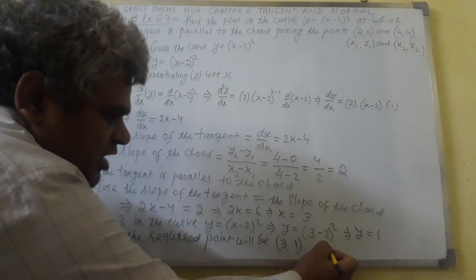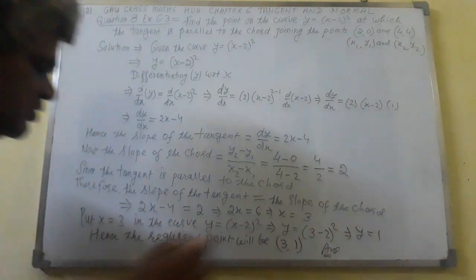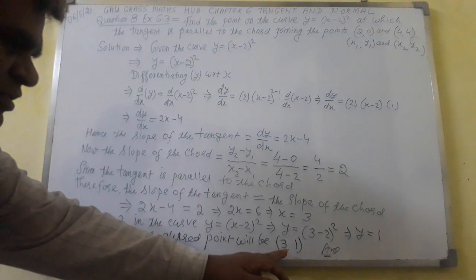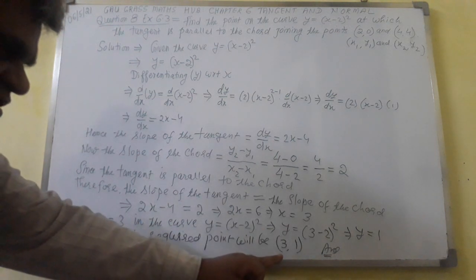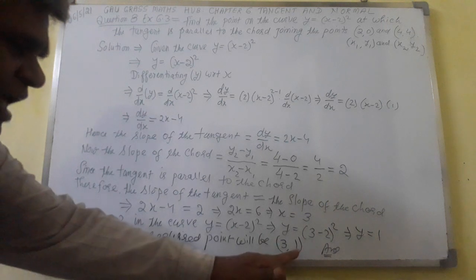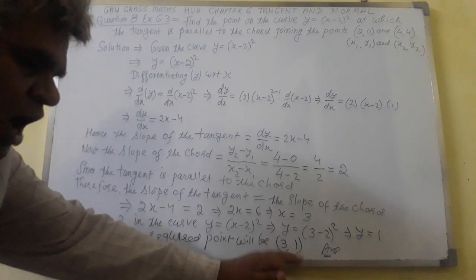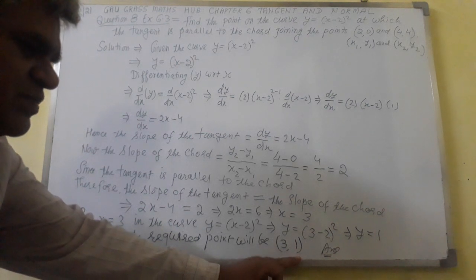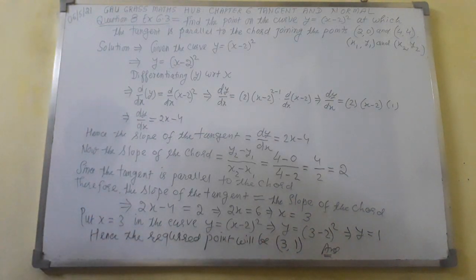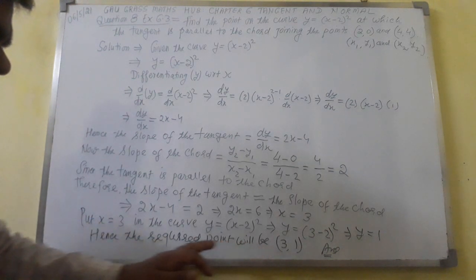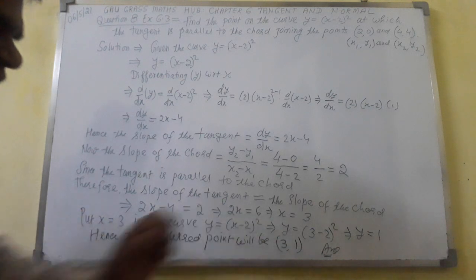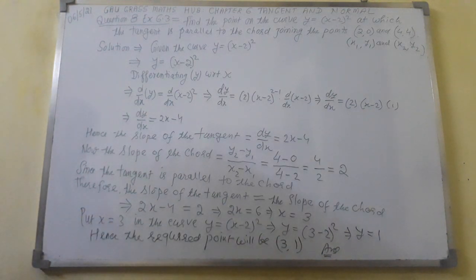This will be the correct answer. The required point will be (3, 1). Here 3 is the abscissa, 1 is the ordinate. Abscissa and ordinate together make a coordinate. The coordinates of the required point will be (3, 1). This will be the correct answer you have got.